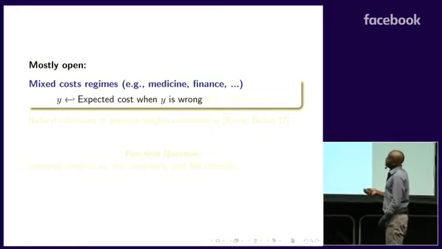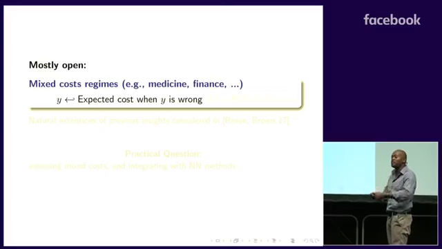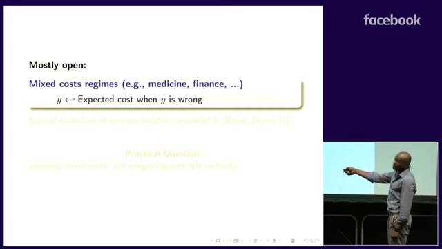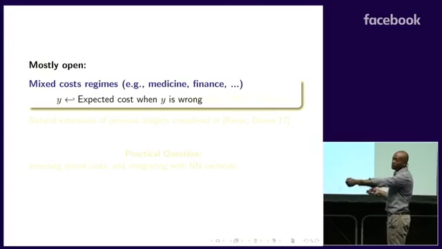And here, you can, however, quickly extend a lot of the intuition we developed to the mis-cost setting by doing the following. For every y, rather than associating the probability that big Y is equal to little y, you associate the expected cost when predicting y is wrong.